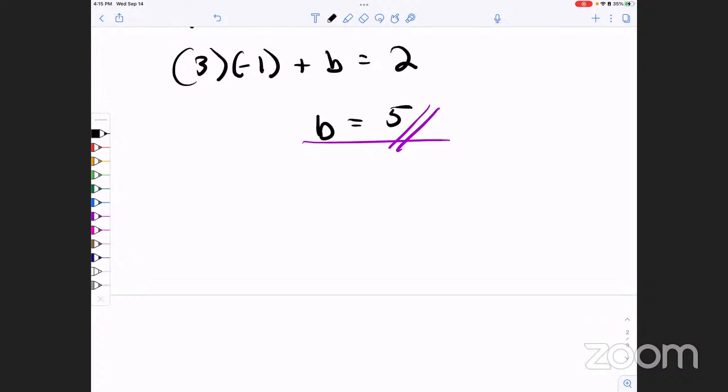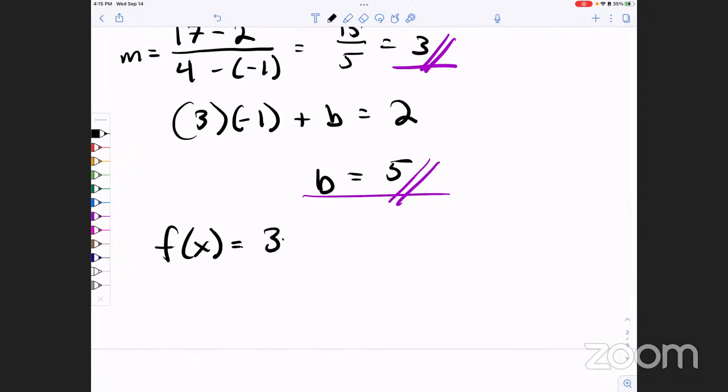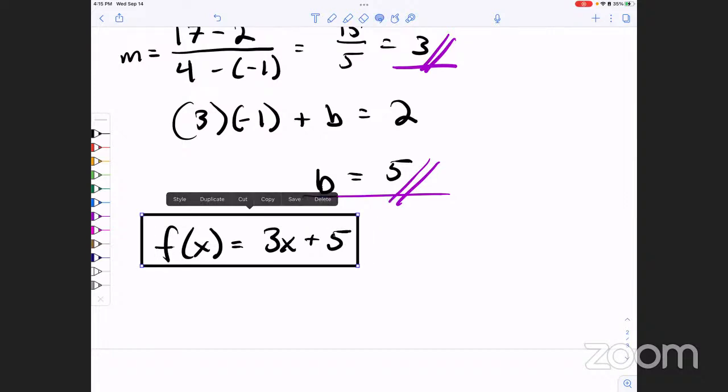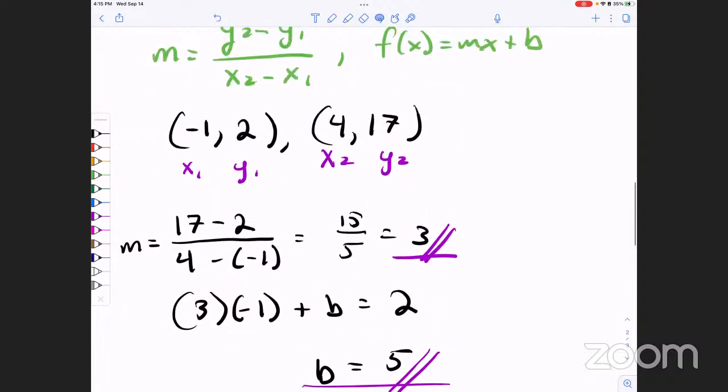So then our linear model, f of x, is going to be 3x plus 5. Okay. And it's a good idea to confirm that our original information works in this model.